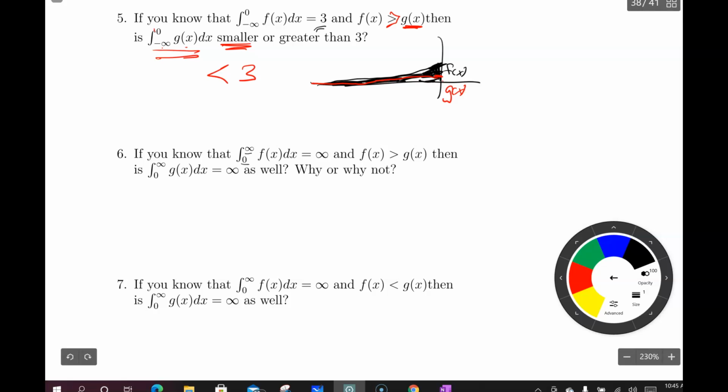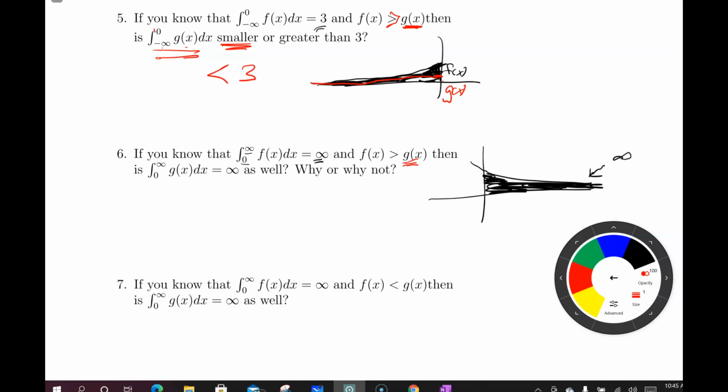Okay, so here we go. What do I know about 0 to infinity? It is going to change. It's not going to be the same thing over again, I promise. So 0 to infinity, that's adding this up. Oh, this adds up to infinity this time. So this cannot be added up. Now I have g of x smaller than f of x. The black is f of x, so g of x is smaller, so g is under here.